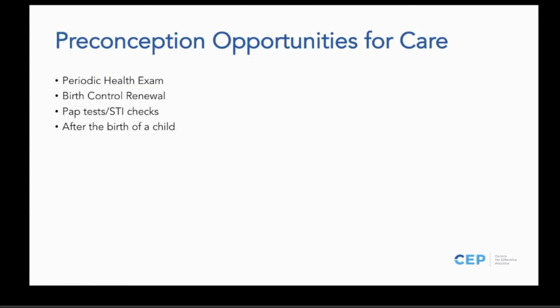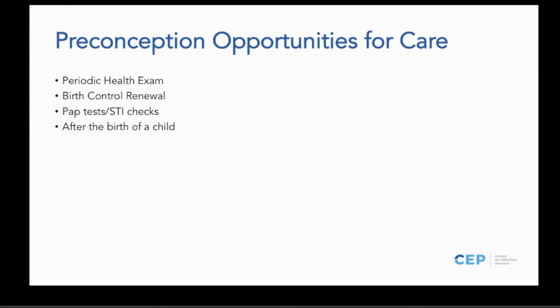In terms of preconception opportunities for care, this should happen opportunistically. Although there might be some patients that come in the office to specifically discuss this, we know that most patients do not. And it's up to us as primary care providers to start this discussion and review patient knowledge and risks at times when they come to see us for a completely different reason.